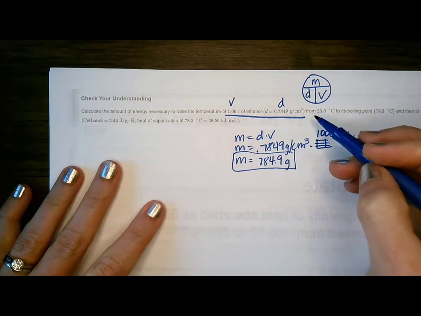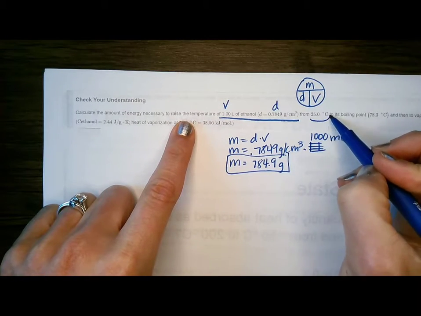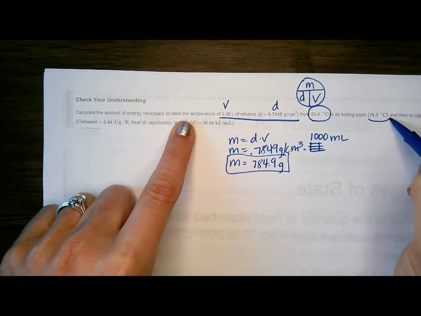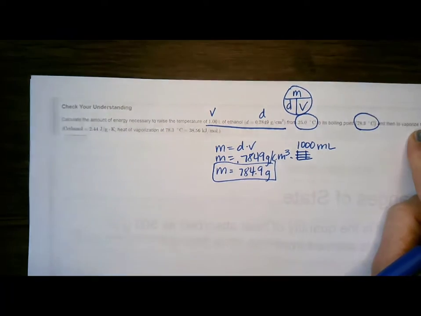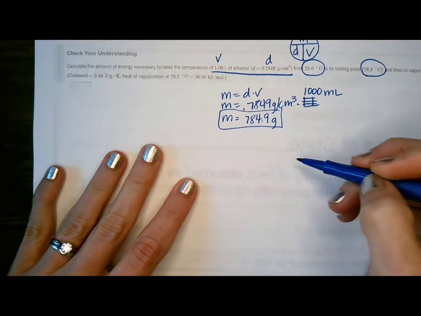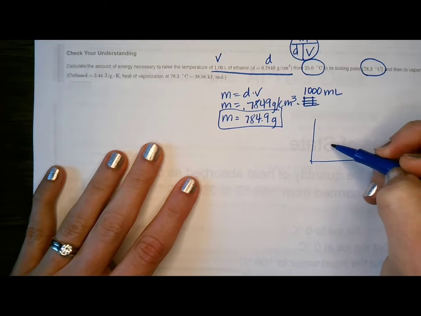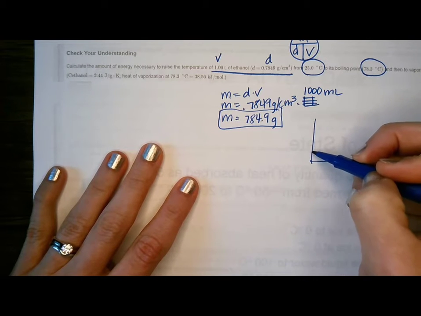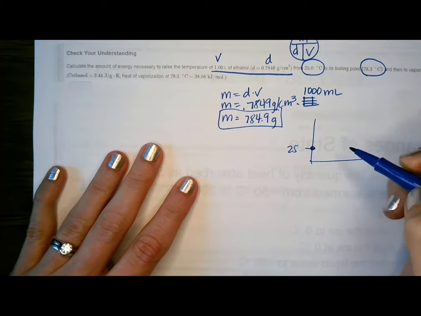So we've got our mass, and we want to raise the temperature from 25 degrees Celsius to its boiling point, and then vaporize it. Okay, so if I'm looking at a graph here, we're starting at 25 degrees, so we're just going to say 25 degrees right here.